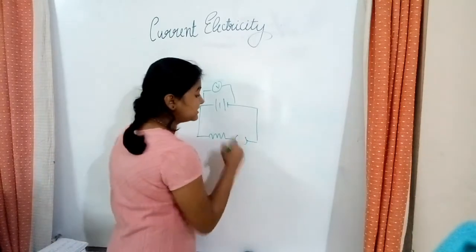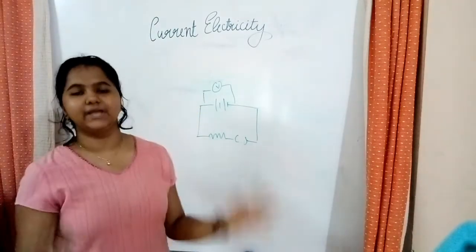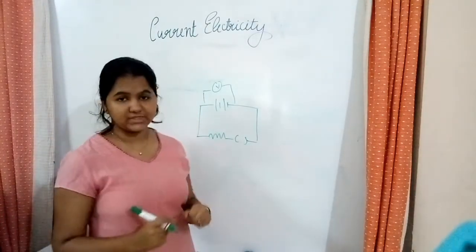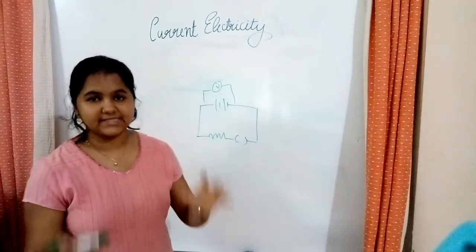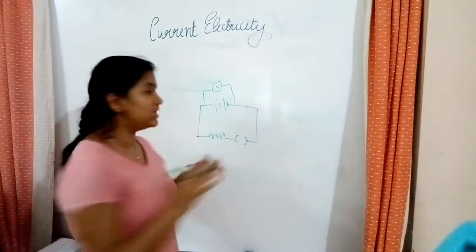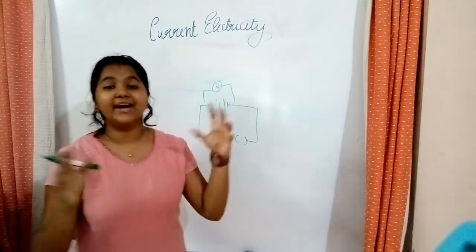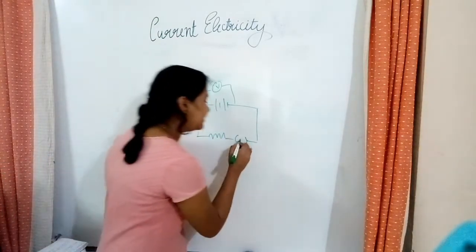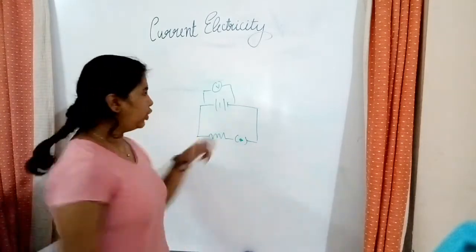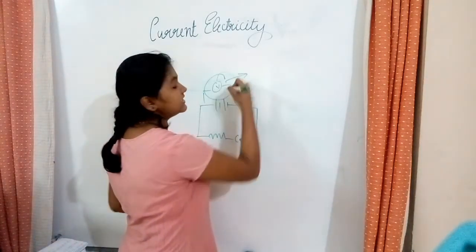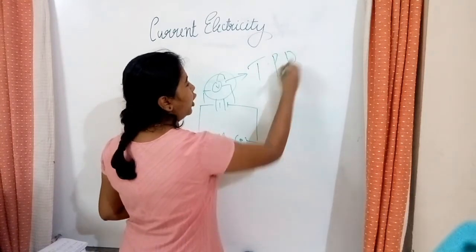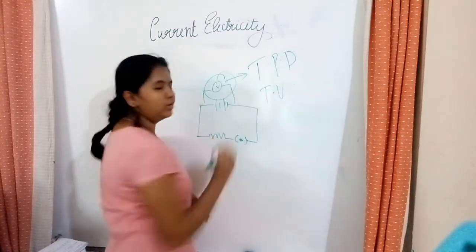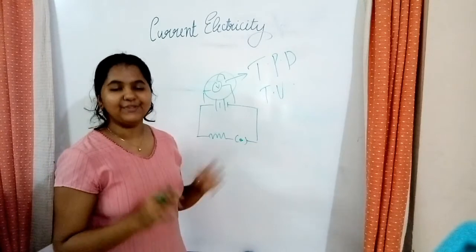Over here, this is an open circuit, the key is not closed. But in the case of terminal potential difference, that is the potential difference across the terminals of the battery when the current is being drawn from it, that is when the key is closed. Now the voltmeter reading is known as the terminal potential difference or terminal voltage. Okay? So that is to talk about these three terms.